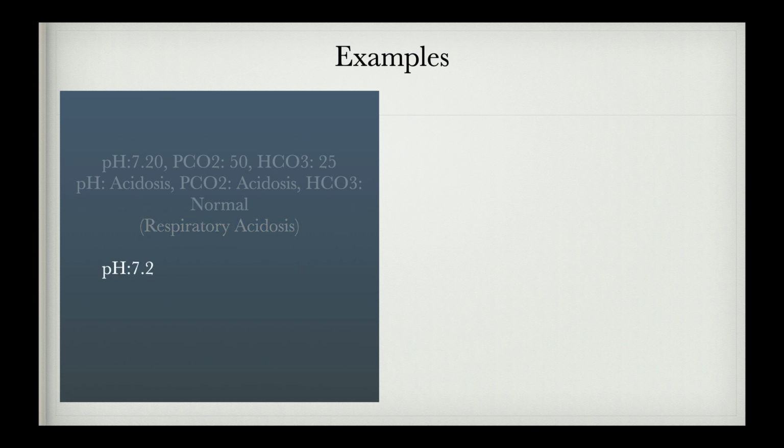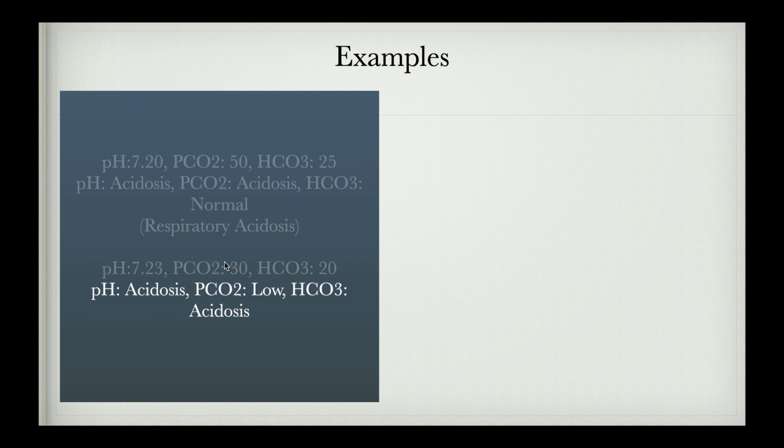Again, if we have a pH of 7.23 with a carbon dioxide of 30 and a bicarbonate of 20, over here, what we find is that there is acidosis because the pH is below 7.35 and the carbon dioxide is also low.